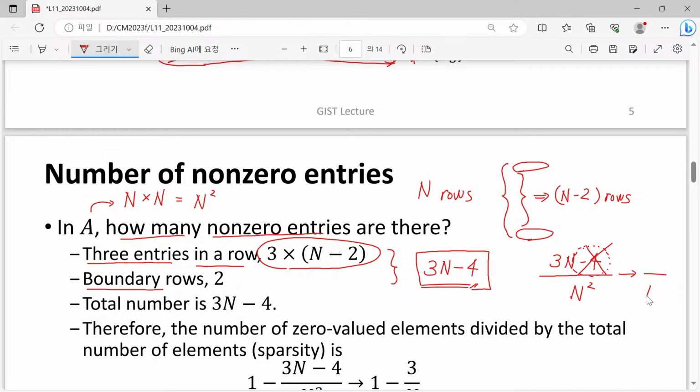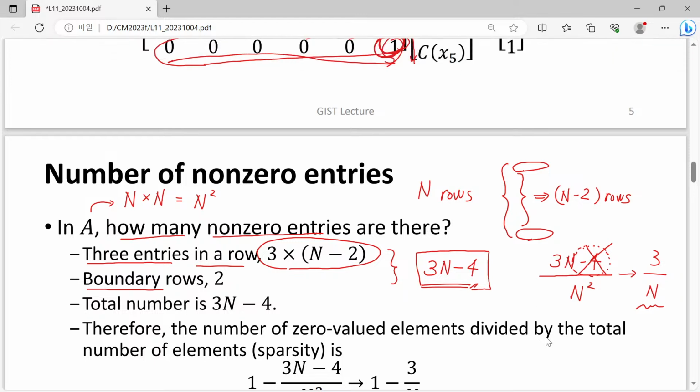So we will have a ratio corresponding to 3 over n. This is the ratio between non-zero elements and the total elements. If we have a very small ratio, it means that this matrix is almost empty. Almost all of the entries are just the number 0.